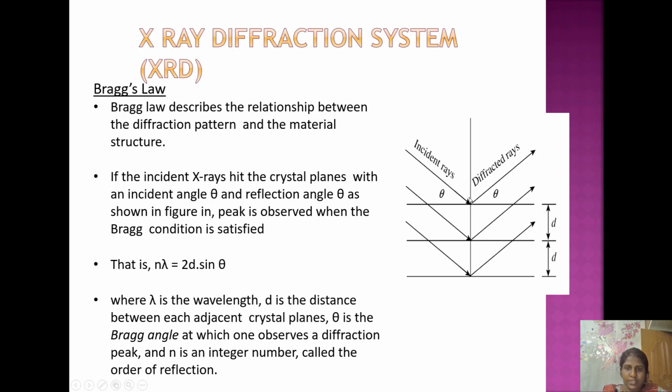When the Bragg condition is satisfied, the condition is n lambda equals 2d sin theta, where lambda is the wavelength, d is the distance between adjacent crystal planes, theta is the Bragg angle at which one observes a diffraction peak, and n is an integer called the order of reflection.